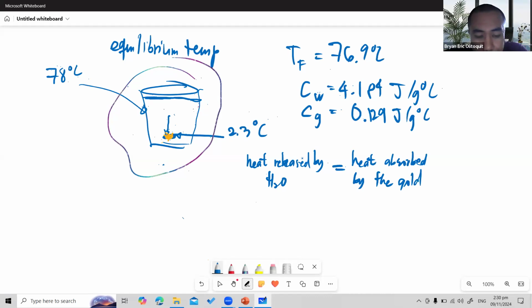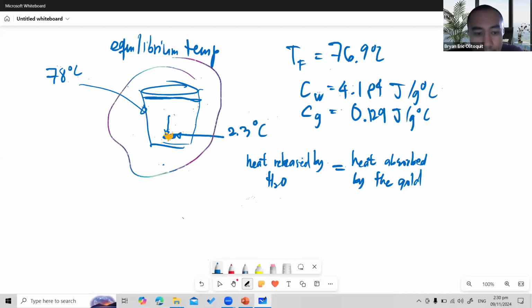As you can observe sa problem, walang binigay na heat na binilabas ng H2O, as well as yung heat na na-absorb ng gold.